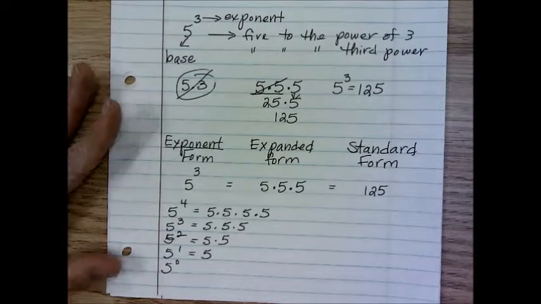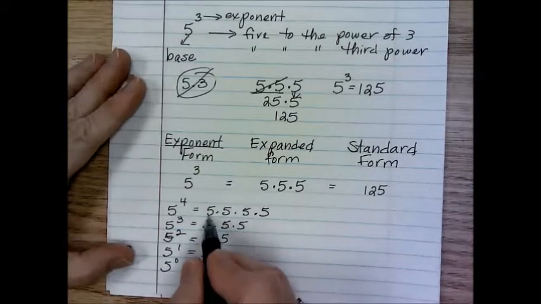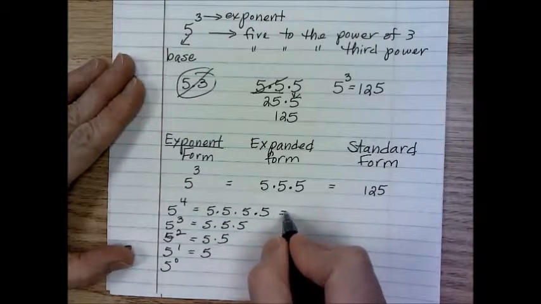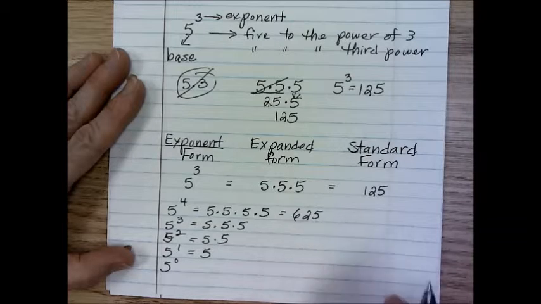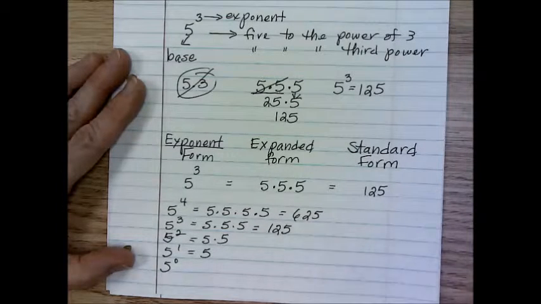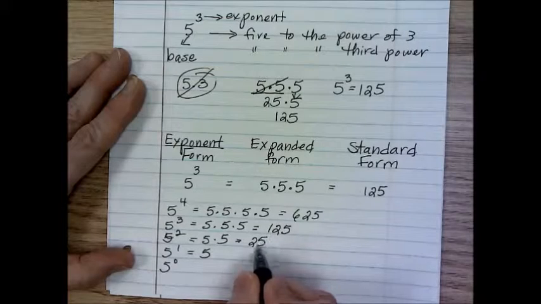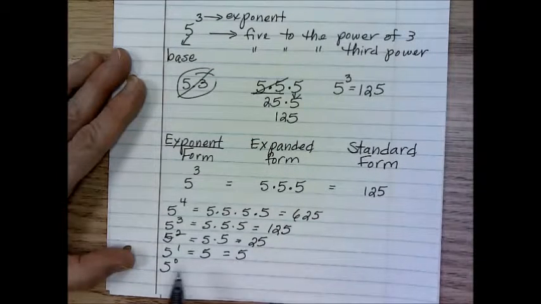And we follow the pattern. So this is a little bit interesting. Now, 5 to the fourth, this is really 625. 5 to the third, when simplified, is 125. 5 squared, or 5 to the second power, is 25. 5 to the first is just 5. That exponent of 1 tells me I just have that factor one time.